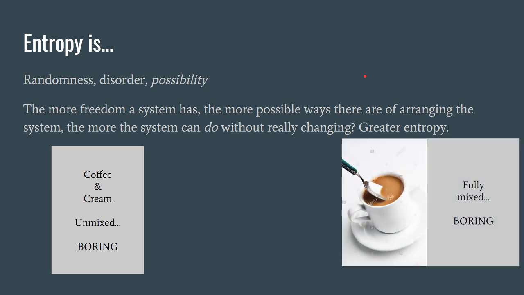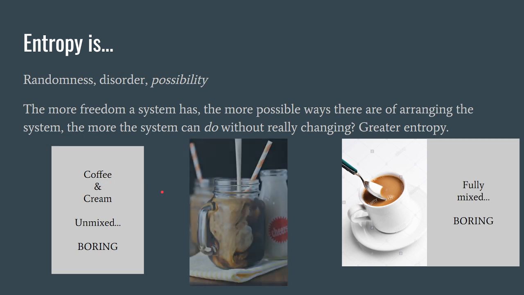On the other hand, if you have the coffee and cream fully mixed, that is a very high entropy state. You can swap any two portions of the coffee mixed with the cream, and it'll be identical. High entropy. There are lots of possible ways of arranging the coffee. In the unmixed case, there are much fewer possible ways of arranging the coffee and cream. In the middle, that is a medium entropy state.